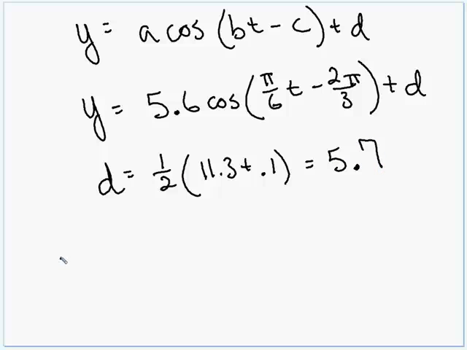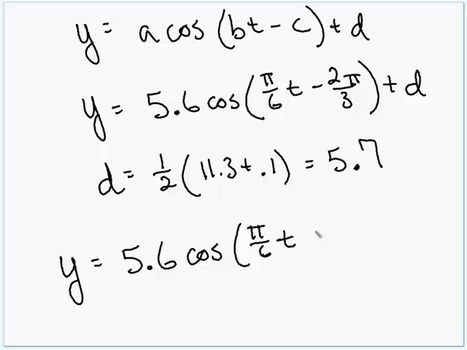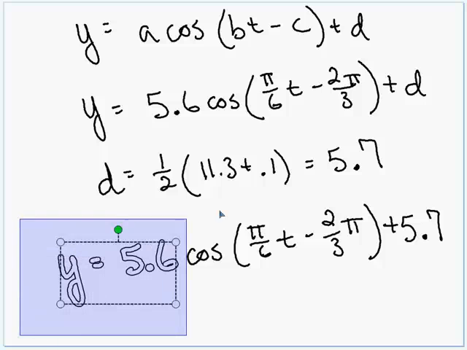So there's our trig function. Y equals 5.6 cos of the quantity, pi over 6 times the time, minus 2/3 pi, plus 5.7. And let me copy that.